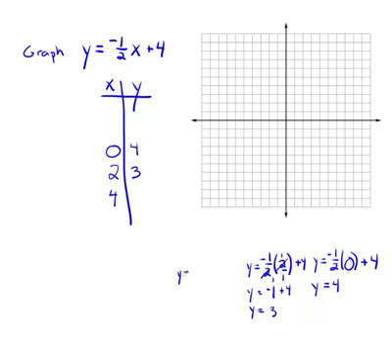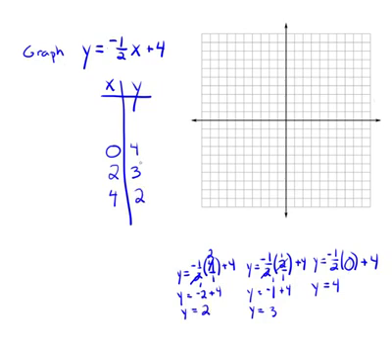So y equals negative 1/2 times 4 plus 4. I'll make a fraction out of the 4. 2 goes into 2 once, 2 goes into 4 twice, so I'll simplify the 2's out. 2 times negative 1 is negative 2, plus 4 is a positive 2.